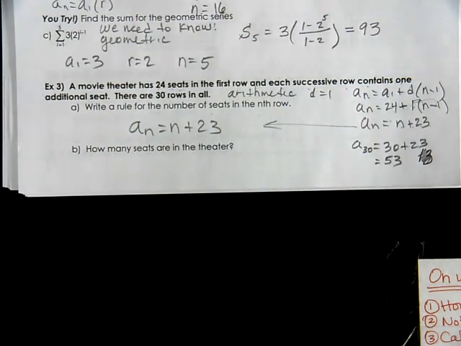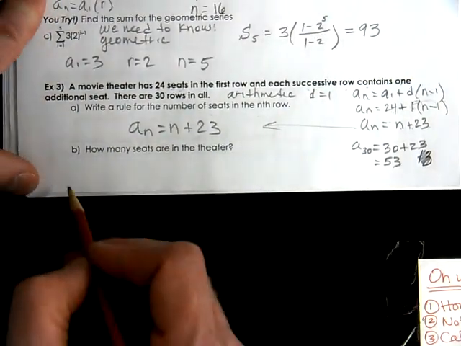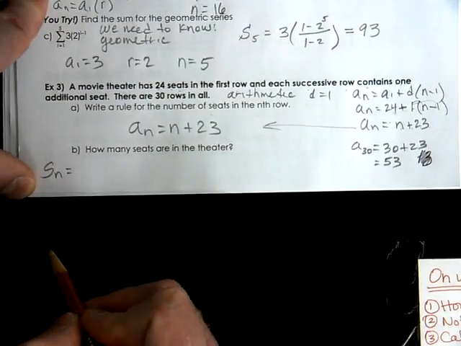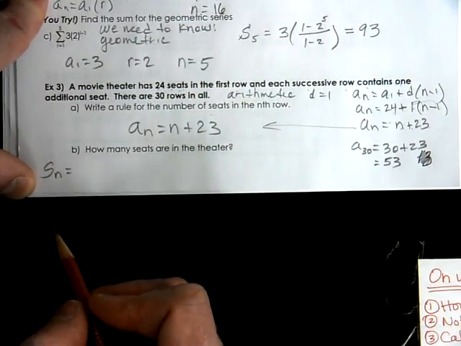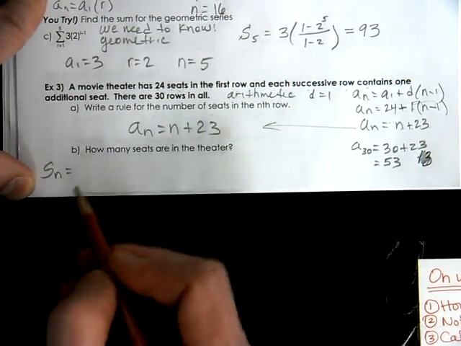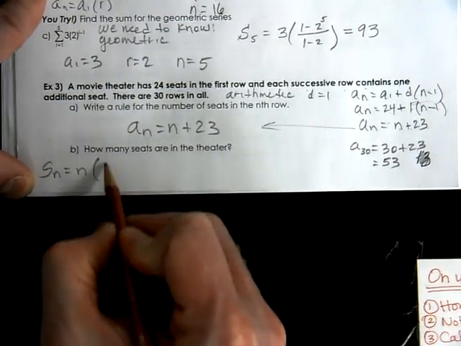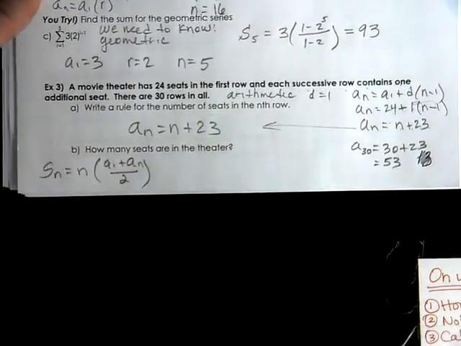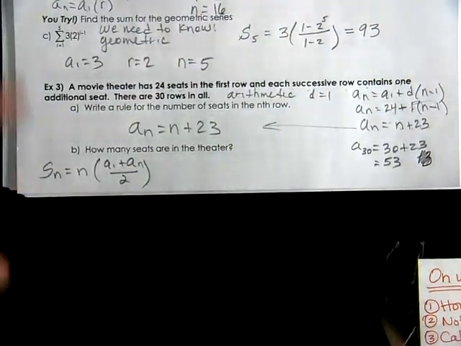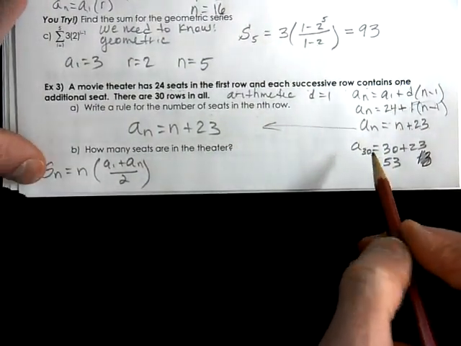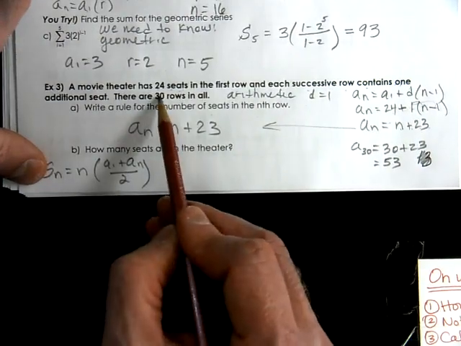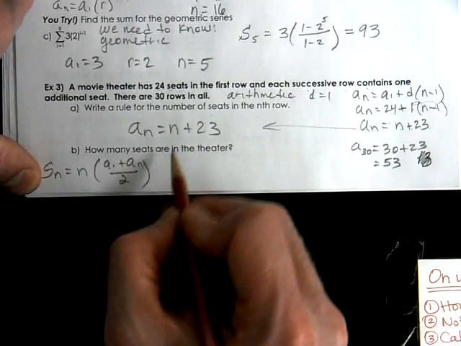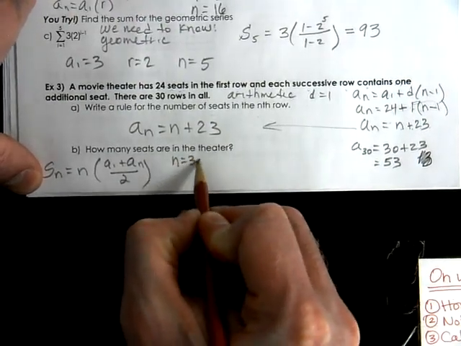How many seats are there in the theater? Well, you need to know your formula. And our formula is n times a of 1 plus a of n, over 2. Our number of terms, there are 30 different rows, so we know that n is going to be 30.